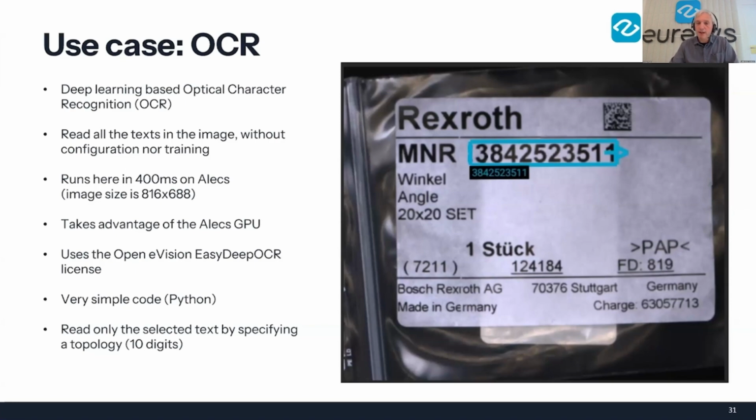A topology defines, like a regular expression, what kind of text you are interested in. So here we are searching, for example, for text that is only composed of 10 digits, and it will only return that text, even if it's not at a fixed position in the image.